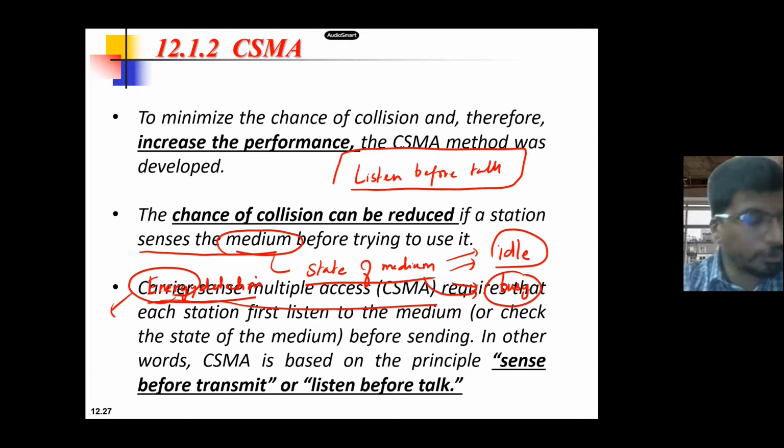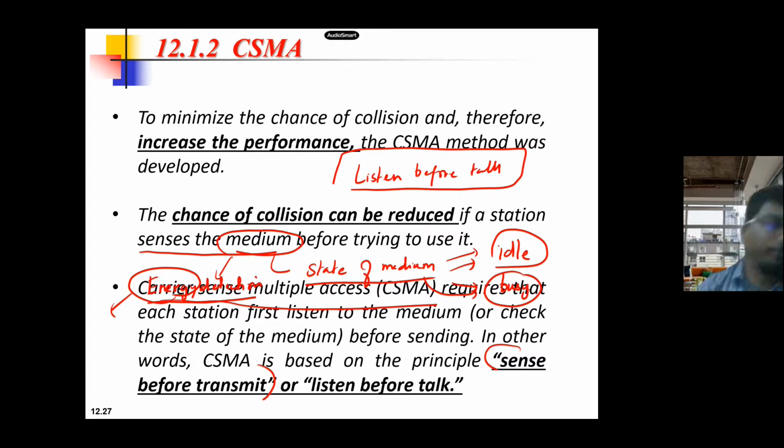Whether you're going to use a high frequency carrier depends upon what standard you're working on. So where is your information being carried? It's at the carrier frequency. These devices perform the energy detection at the carrier frequency, and then they return the state of the medium, whether busy or idle, based on whatever energy is detected. That's what we call sense before transmit. So the CSMA scheme senses the medium before they start transmitting.